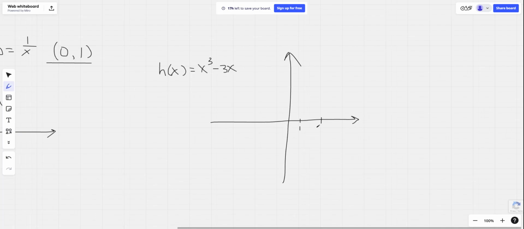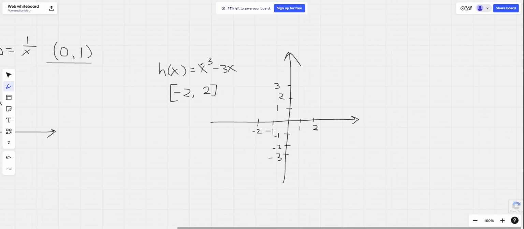So let me make it a little nicer. Okay, let's say we are looking at this function on the closed interval from -2 to +2.